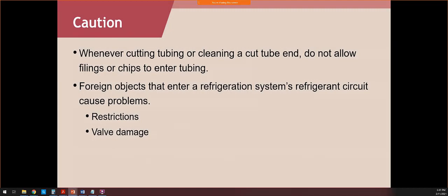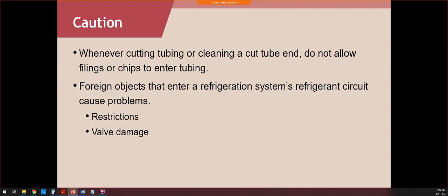All right. Whenever cutting a tubing or cleaning a tube end, do not allow filings or chips to enter the tubing. What that means is sometimes we're going to be cutting upwards, sometimes we're going to be cutting downward. We want to make sure that if we can, none of the little chips that we create or shavings from deburring fall in there.